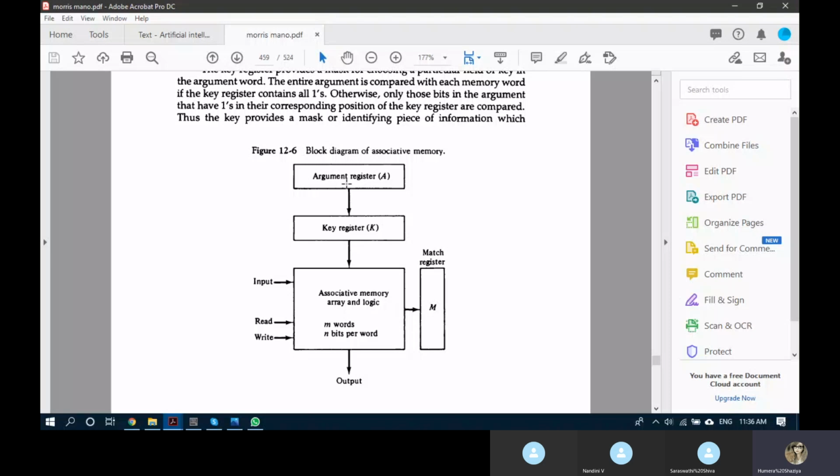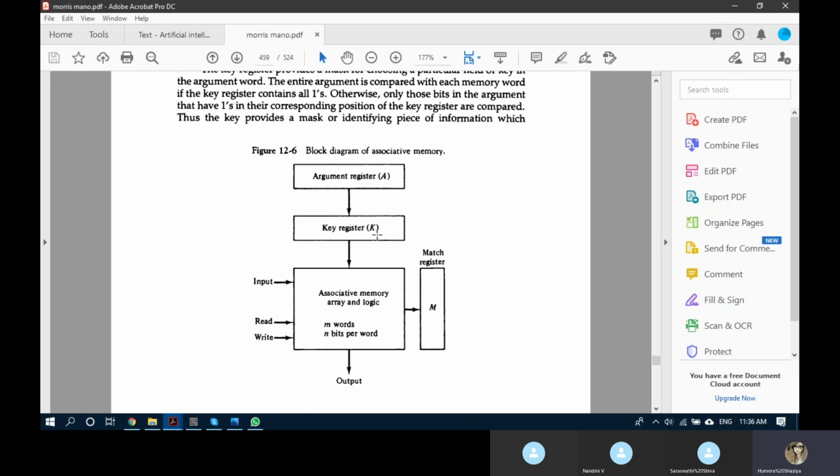In the example we discussed, we had 101, so the argument register will have 101. The key register is a mask to denote whether you are searching for the entire word or part of the word.